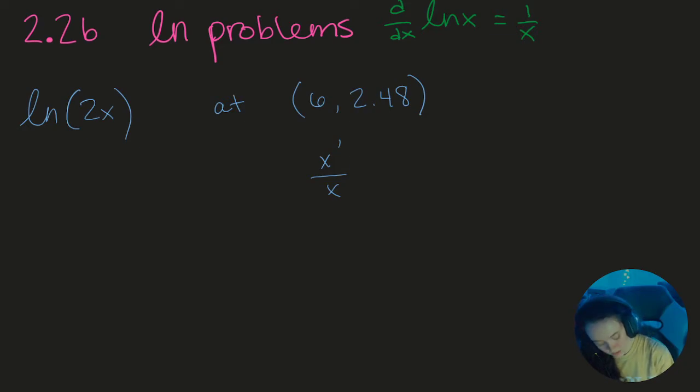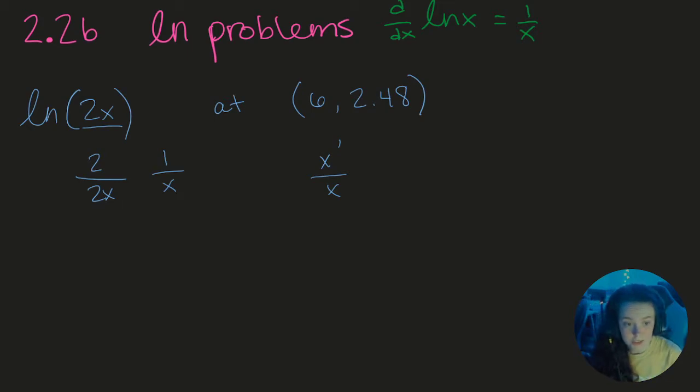Okay? So your x is going to be 2x. And your x prime is going to be the derivative of that, which is just 2. So obviously those are going to cancel out, and you're going to have 1 over x.